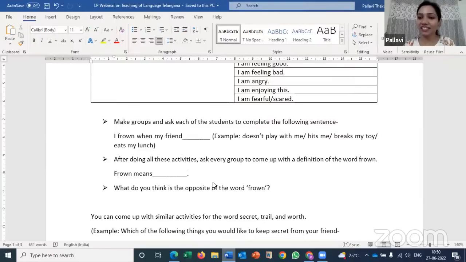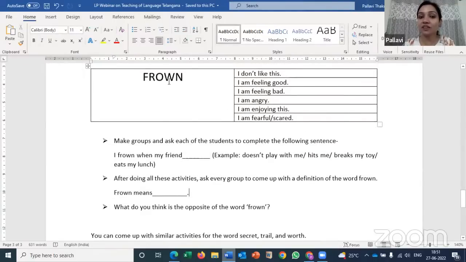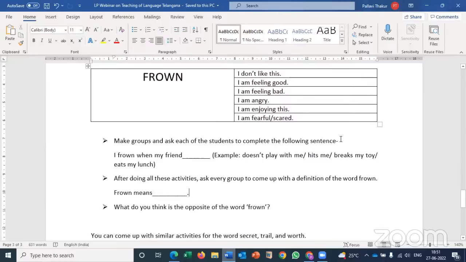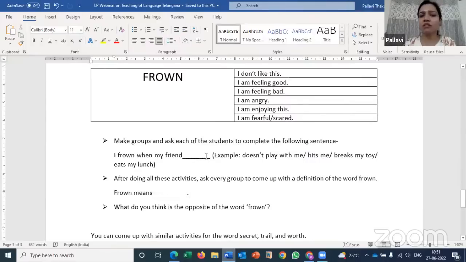Interesting. So like that, you can ask all your students, make them sit in groups, ask all your students to complete this sentence. Now they already know that frowning is a negative feeling, and they can put in all the instances, the situations where they frown, where they don't feel good.